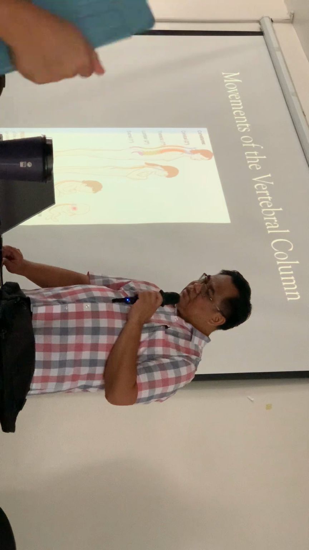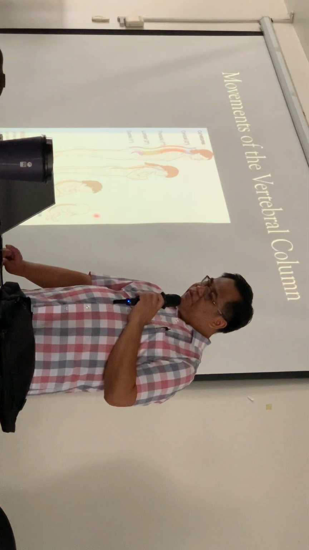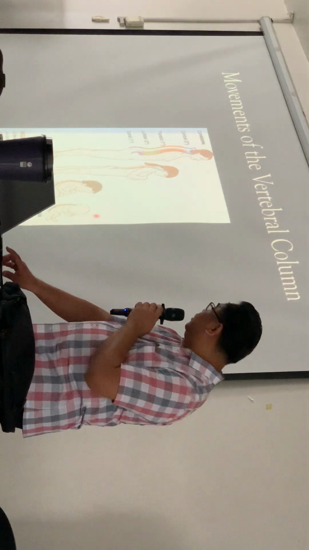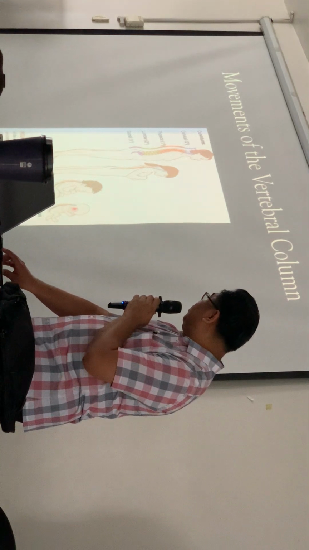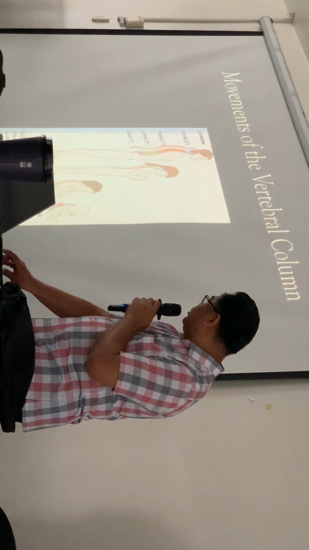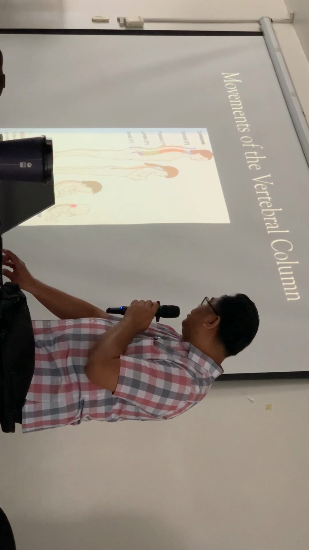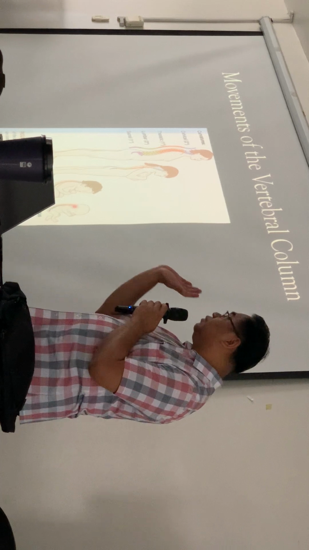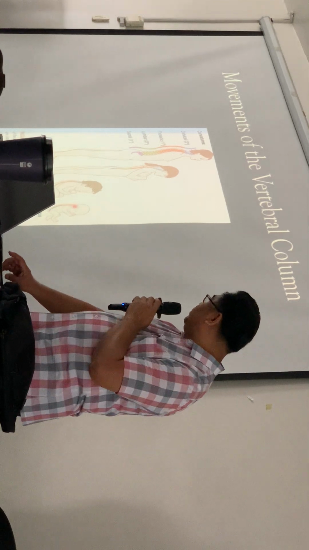So these are the curvatures found in different ages. So when we are in the uterus, we just have this curvature of our spine. So it's just kyphosis.